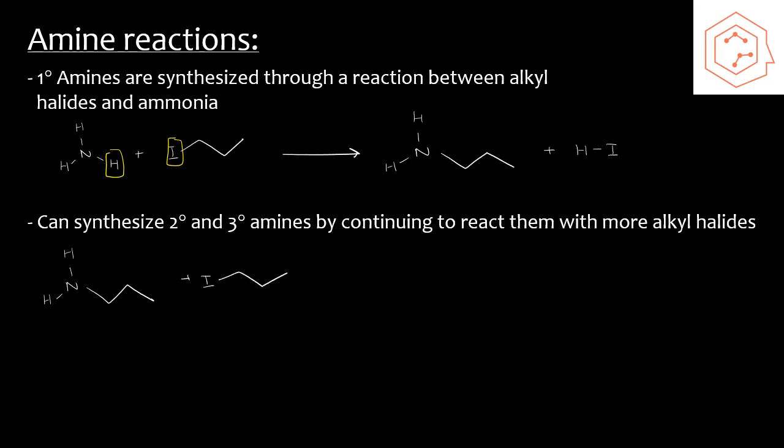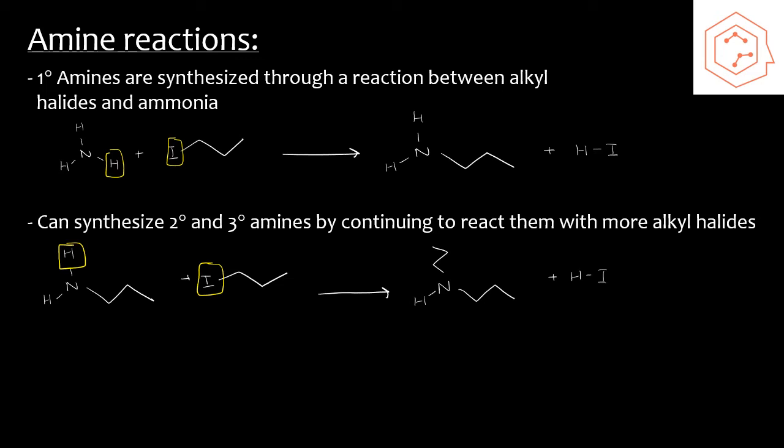Remember, look at that site where the halogen is, and a site where there's one hydrogen atom. In the products, that's a site where the alkyl group is going to attach. So now there's only one hydrogen left, and now we have one alkyl group and a second alkyl group, and again it forms a hydrogen halide in this reaction as well.